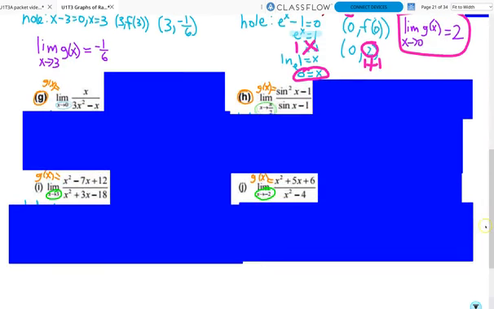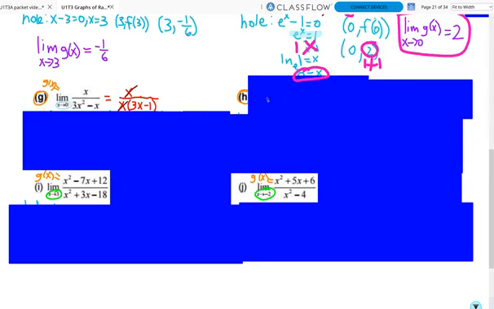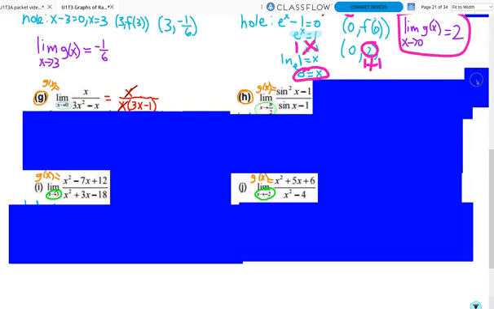Two more to do. I'm going to skip I and J because those are really no different than any of the problems above. G is going to be factorable via greatest common factor, no factoring of the numerator. When I simplify, I am factoring an x out of the denominator, so the numerator and denominator cancel out a factor of x, so it becomes 1 over 3 to the x minus 1.